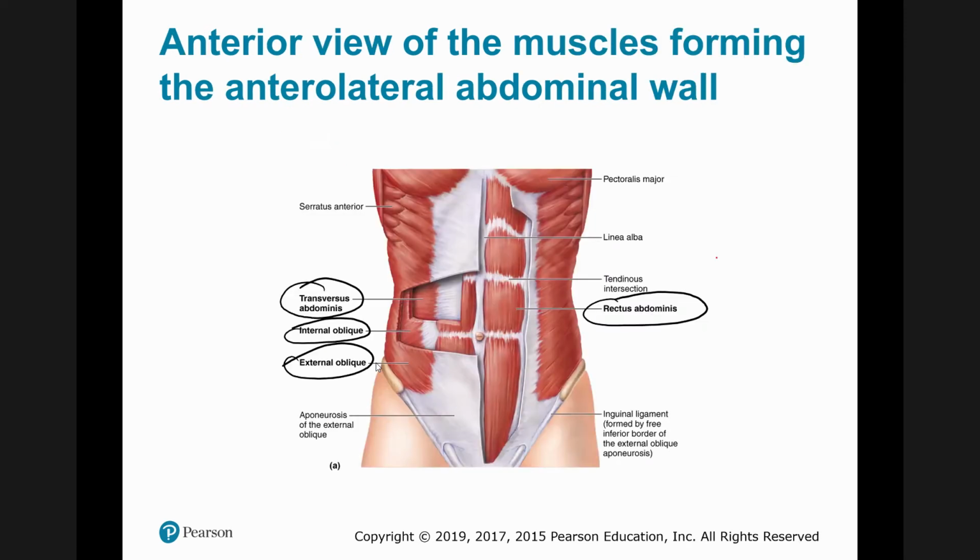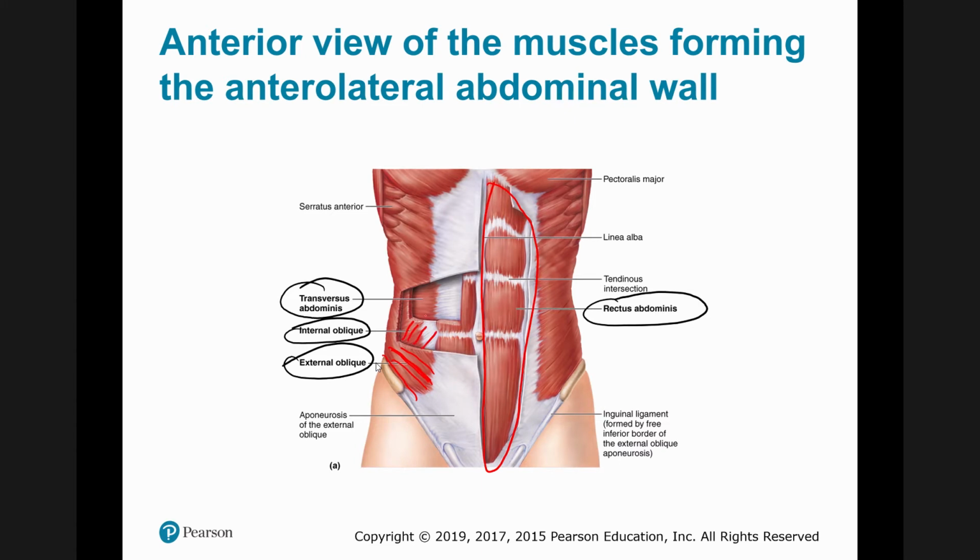This one is again the muscles of the abdominal wall, helping in flexing, turning, and moving your abdomen. Rectus abdominis, the straight one. Then we have internal oblique and external oblique. External oblique goes in this direction, internal oblique goes in this direction.